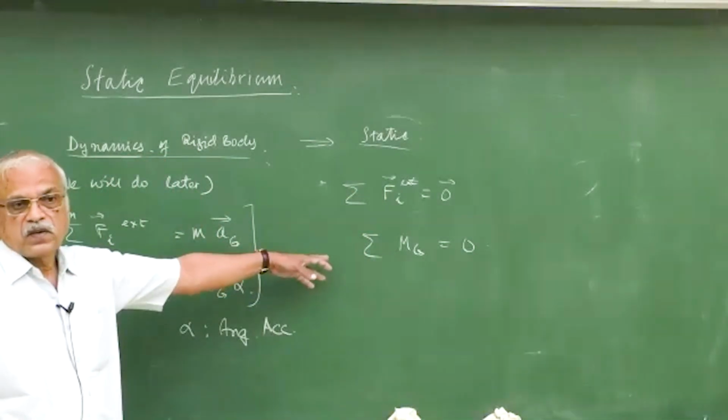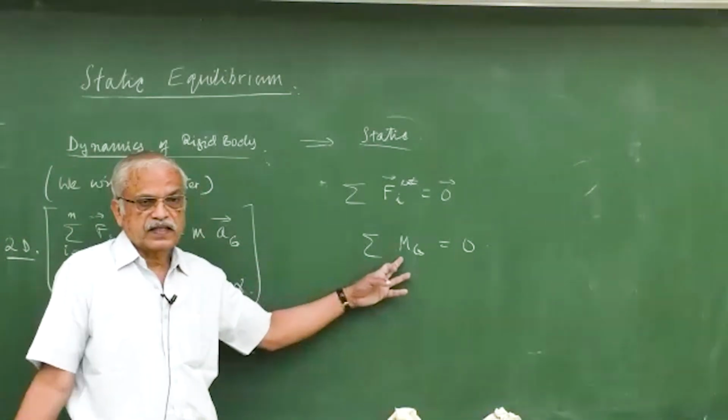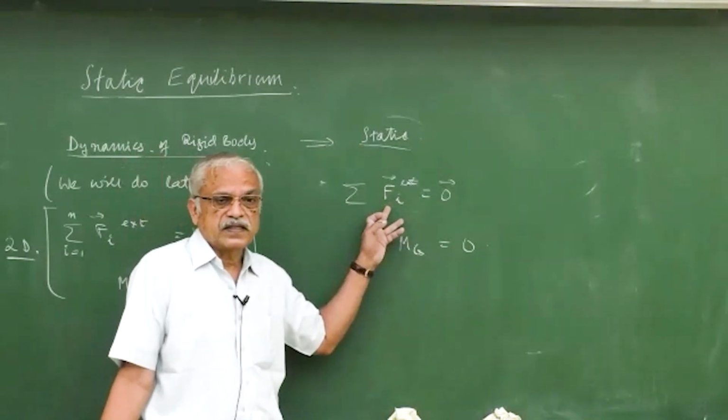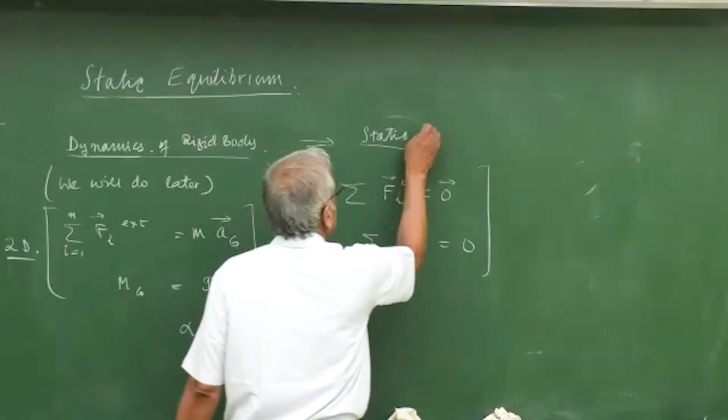This is for 2D; we can even make it for 3D. If it is in 3D, then this is a vector, and similarly this will become 3 equations. So this is the static equilibrium.